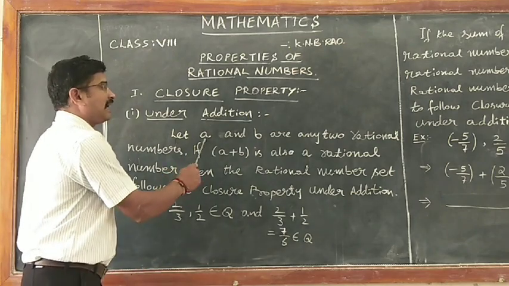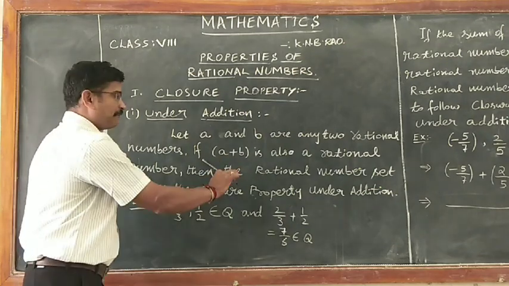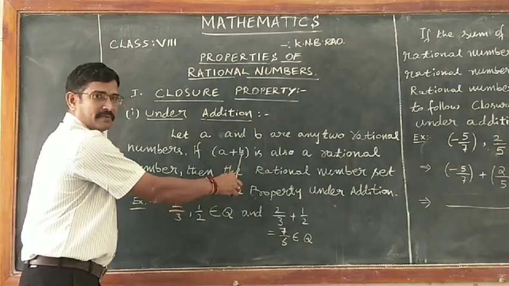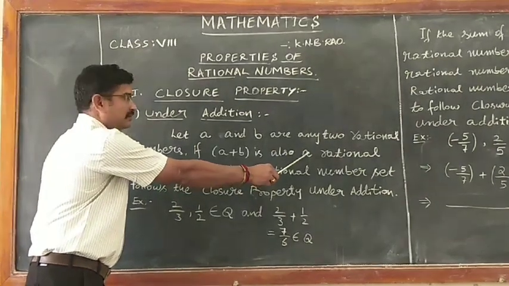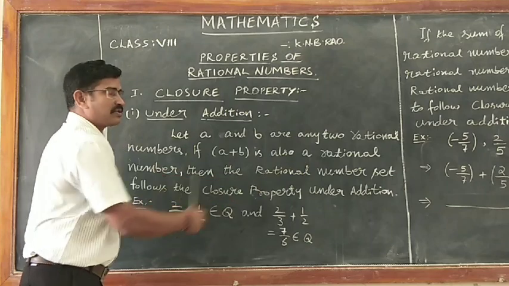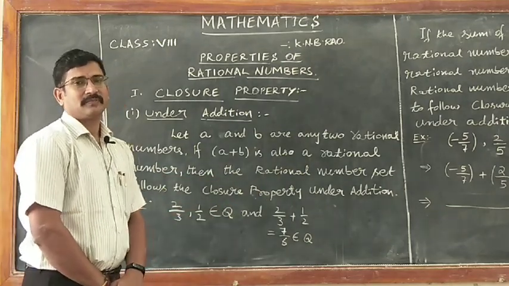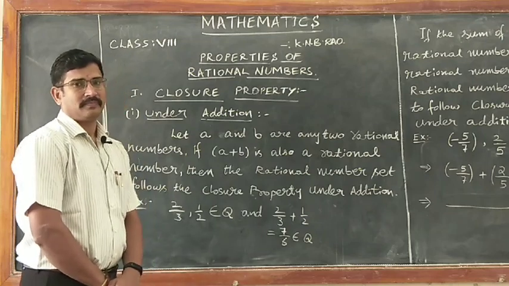Mathematically, let A and B be any two rational numbers. If A plus B is also a rational number, then the rational number set follows closure property under addition, or with respect to addition.